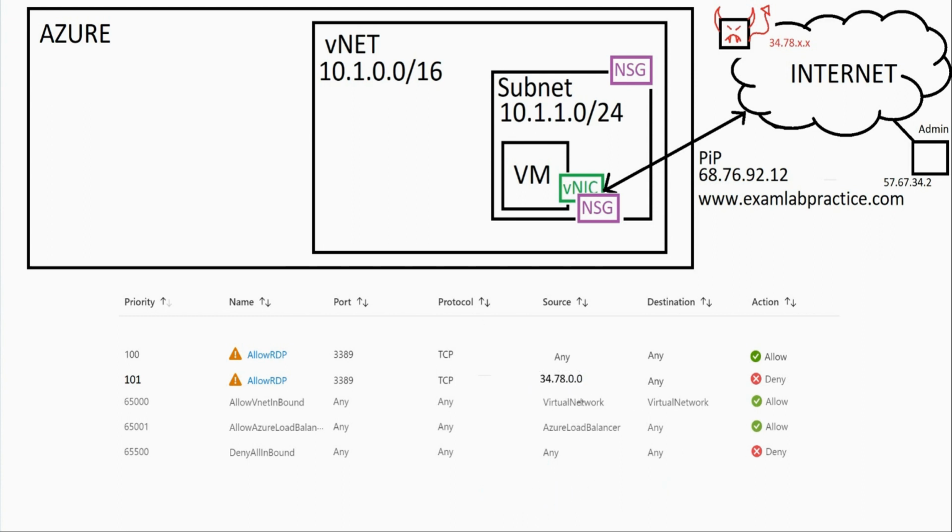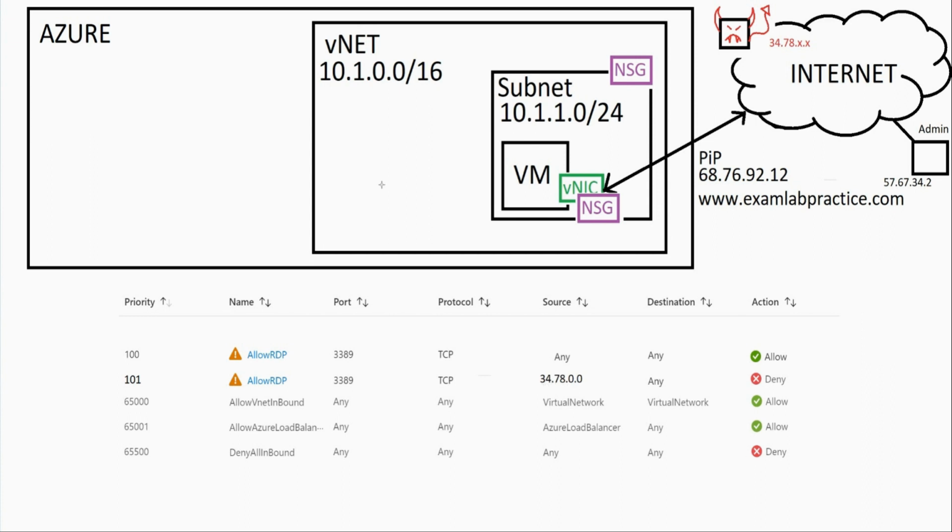You are now explicitly denying, but you're only explicitly denying people that start with that address. Now I also want to point out that that is one way you can explicitly deny things. If you really want to get down and dirty with stopping hackers, that's where you get into the Azure Firewall. But I'm not talking about that a whole lot here. I just wanted to throw it out there.